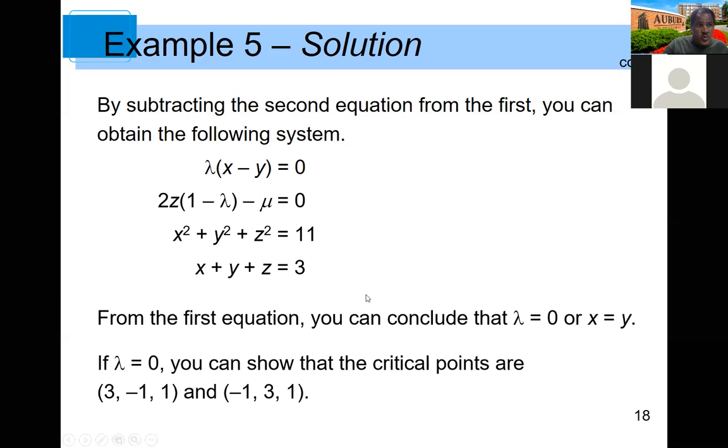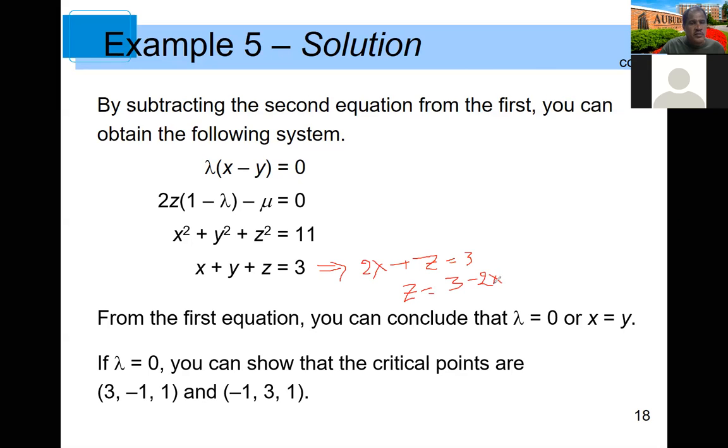If x is equal to y, from here, we get 2x plus z is equal to 3. Right? So z is equal to 3 minus 2x.